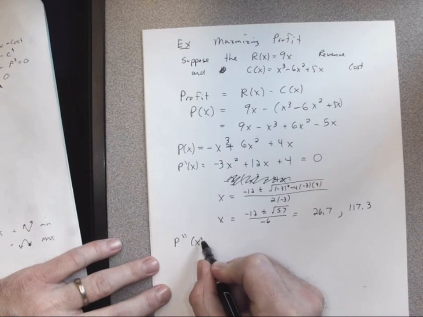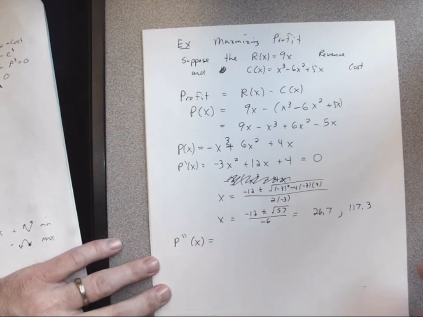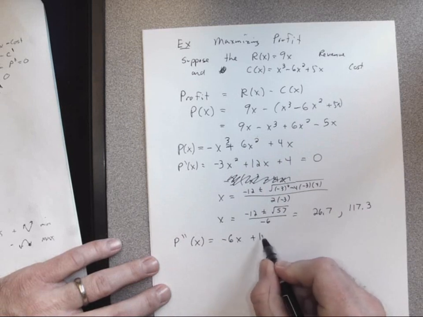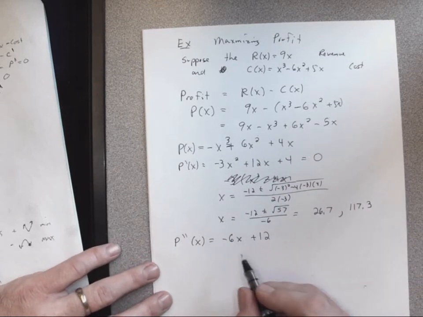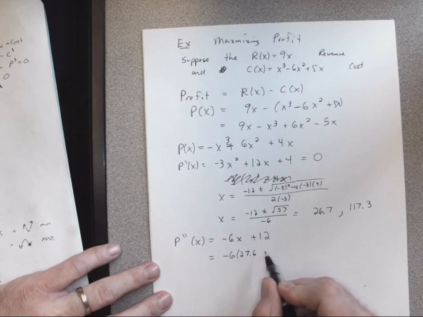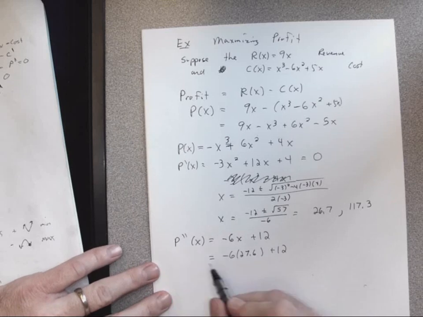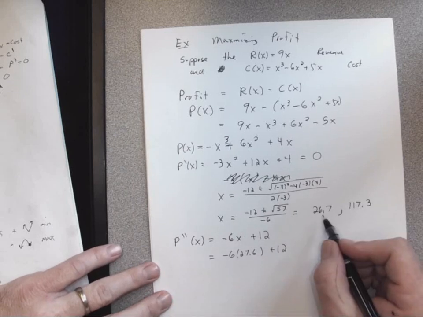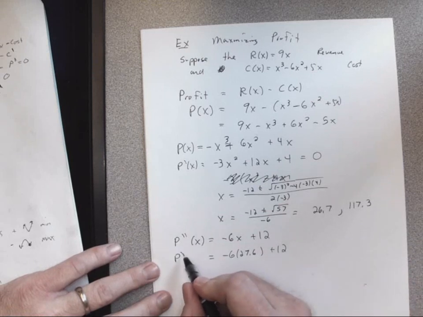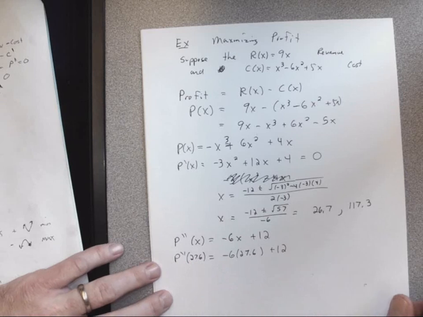So I'm going to see if it's concave up. The reason why I'm doing the second derivative test is because it's a polynomial, and it is super easy to take the derivative of that thing. So this is going to be minus 6 times 27 plus 12. So I'm testing this one first. Clearly that's going to be negative, right? Double prime of 27.6.